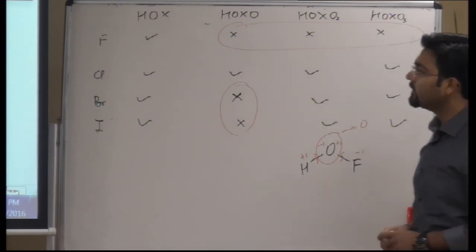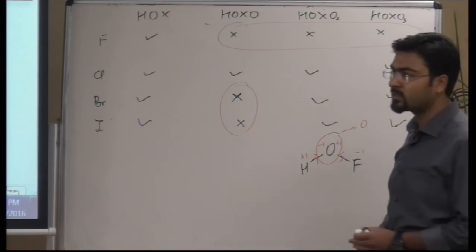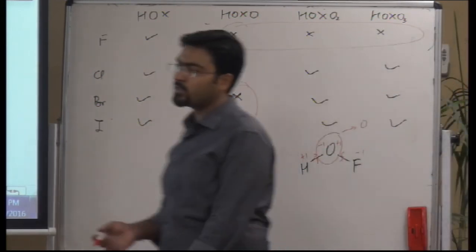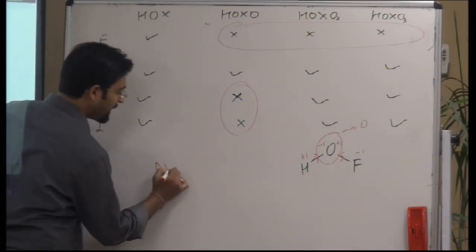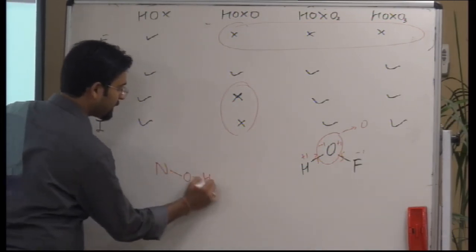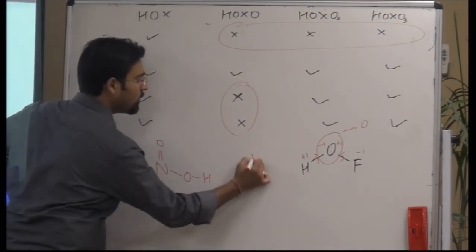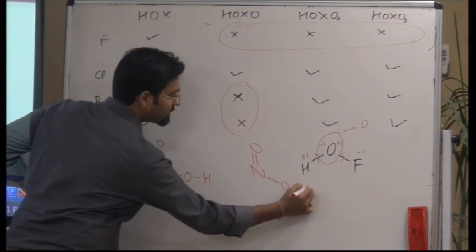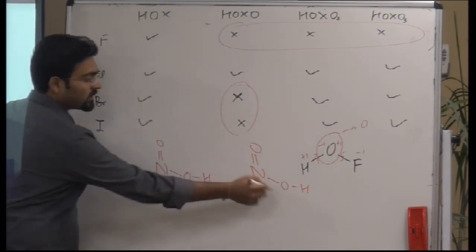The third question is, which one is more acidic from HNO2 and HNO3 and why? This is something which we have discussed: because of the higher oxidation state of nitrogen, it is more electronegative. So as you can see, this is the structure of nitric acid, and this is the structure of nitrous acid. Both have a similar structure, NOH, NOH.